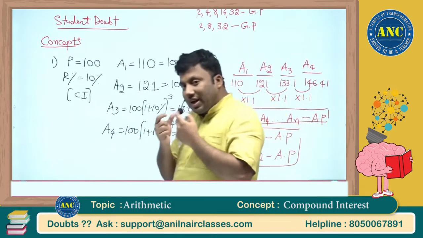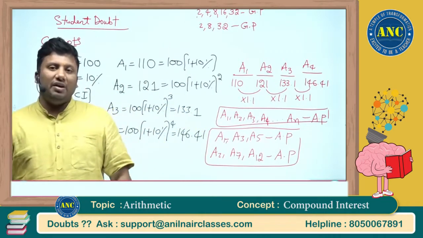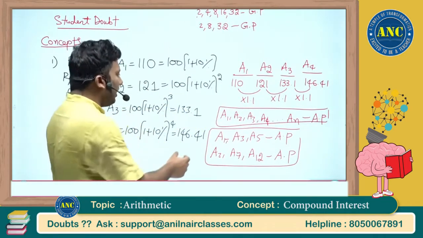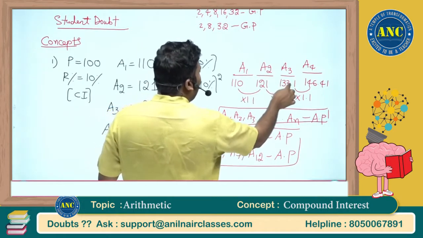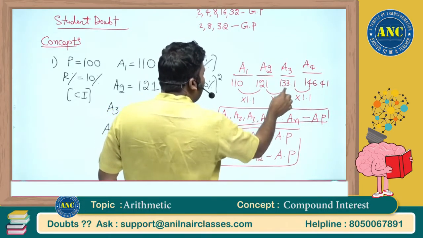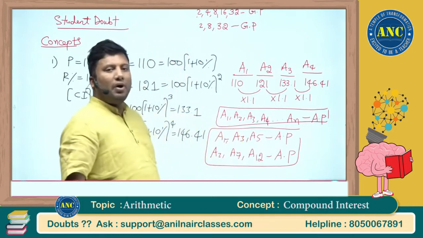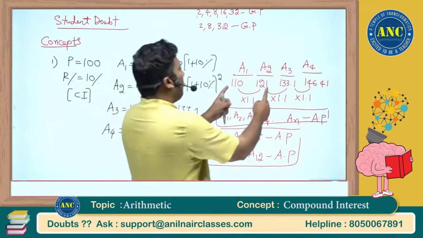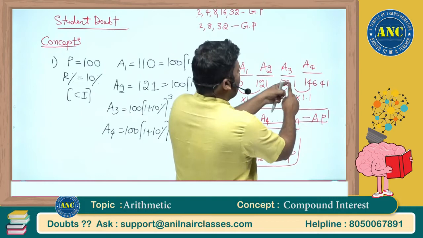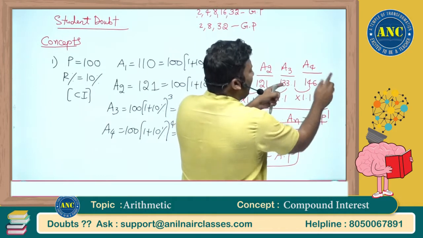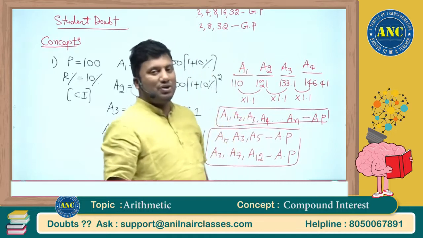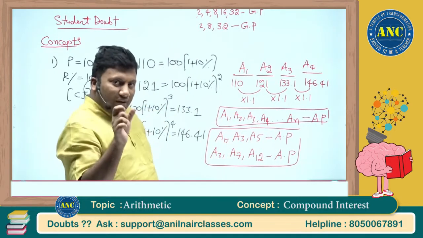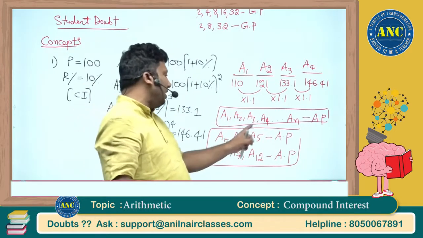As long as the gap between them, the time period, is the same, the multiplication factor is the same. A1 A3 is 110 to 133.1, the multiplication factor will be 1.1 into 1.1, 1.21. Again 133.1 into 1.21, I will get A5. A1 A3 A5, they are in AP.